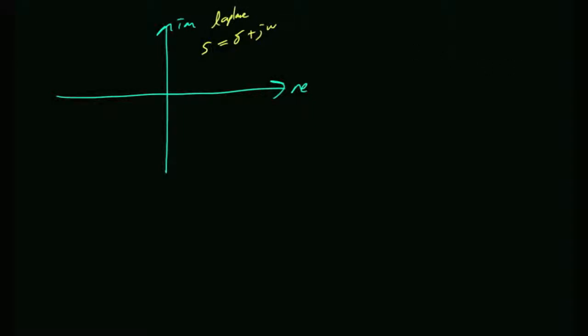Fourier limits you to this axis, to cases where the real part is 0 and your frequency is just the complex frequency j omega. Sometimes it's easier to think in Fourier space and sometimes in Laplace space.